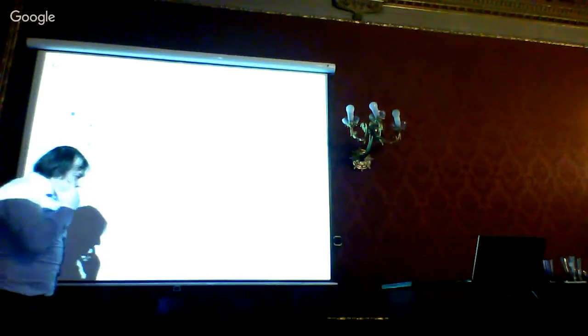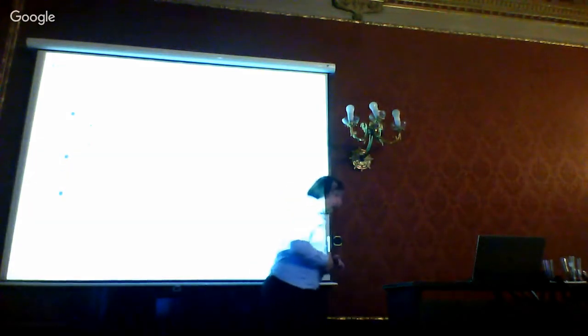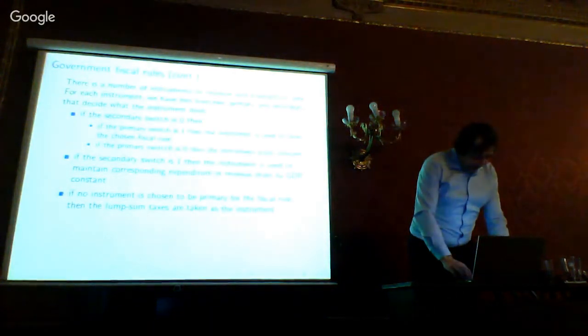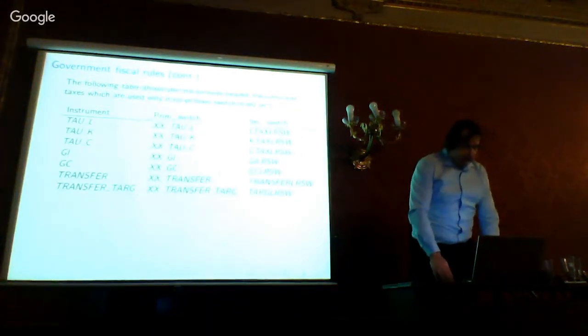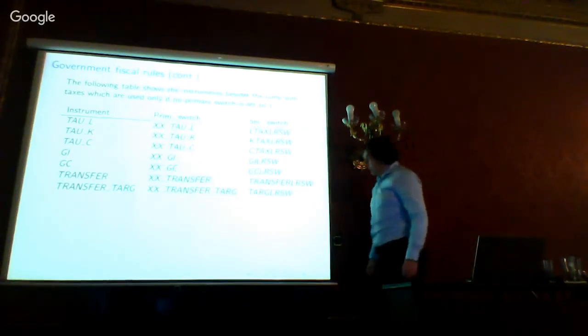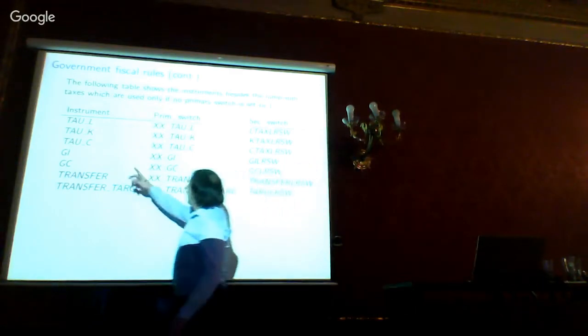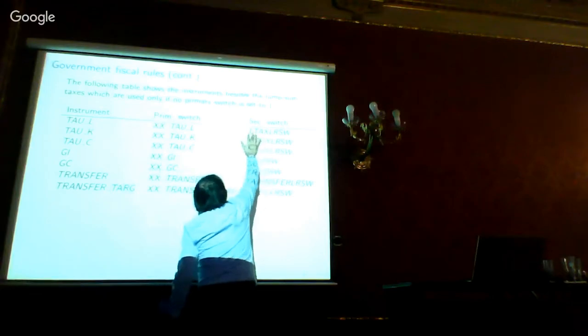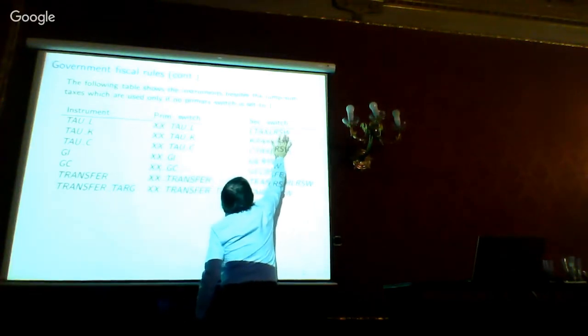Okay, do you understand? I know it takes a little bit of thinking, but these switches are the following in the code. For example, for tau L, the secondary switch is L tax LR SW.